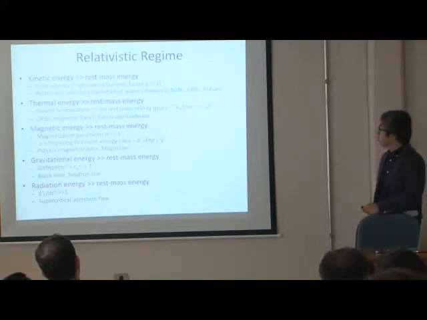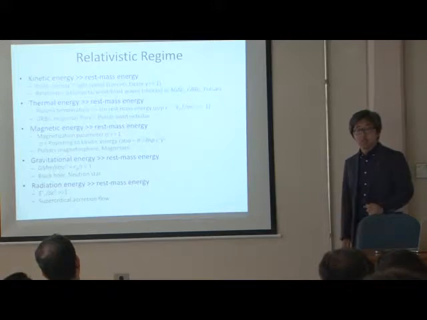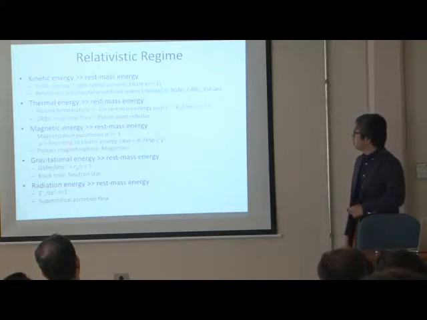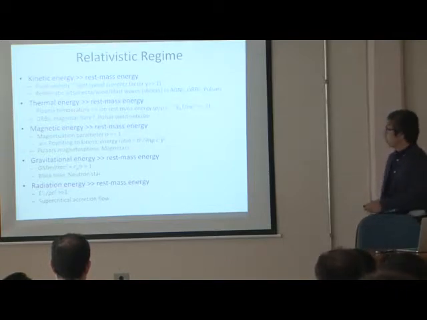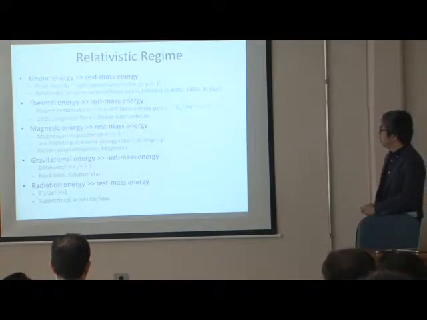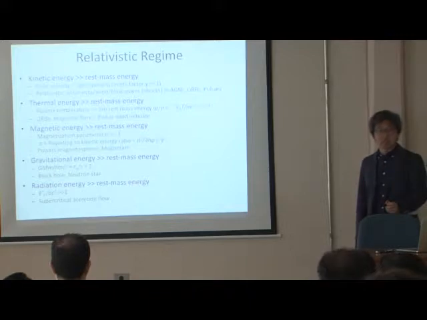And then the third is when the magnetic energy is much larger than the rest mass energy. Sometimes we use the magnetization parameter sigma, the ratio of the Poynting flux to the kinetic energy, or the magnetic energy over the kinetic energy. If sigma is much larger than 1, it means the magnetic energy is much larger than the rest mass energy.